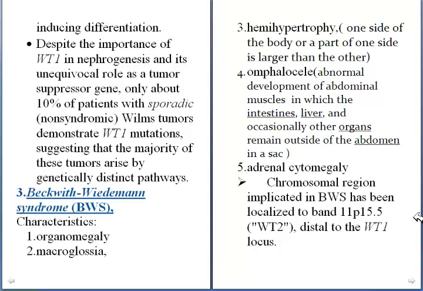And you have adrenal cytomegaly. Now, in this, the genetics tells us that instead of any abnormality in the WT1 locus, we have an abnormality in WT2. And this WT2 gene is present on the short arm of chromosome 11, but the band is different. Here the band is not 13, here the band is 15, and subband is 5.